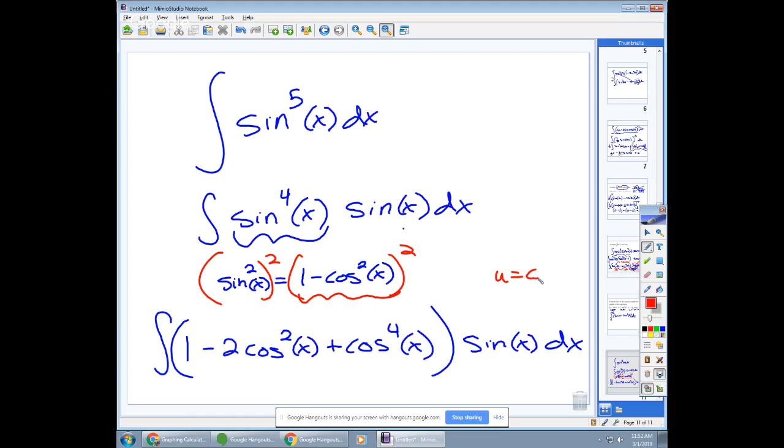If I let u equal cosine of x, then du is sitting right there. So in terms of the u substitution, this becomes 1 minus 2u squared plus u to the 4th du. No problem with that. Oh, that's a negative sign. Oh gosh, yep, we need a negative. I'm missing that, so thank you very much. That should be a negative du, so we want a negative out front.